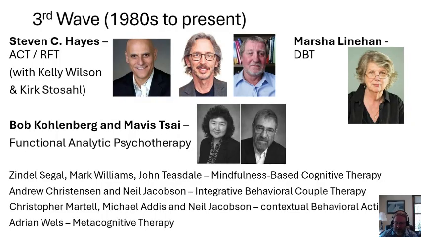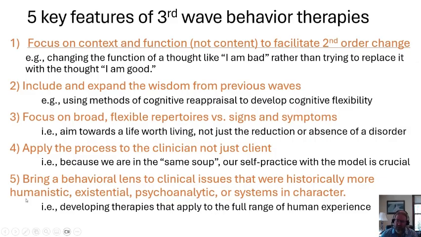So lots of different techniques, lots of different pioneers, but all organized around this idea of acceptance and mindfulness. And so when Steve Hayes was identifying these three different behavior waves, he identified 5 key features that characterize this third wave compared to the previous waves. So the first is that they tend to focus on the context and function rather than the psychological content.